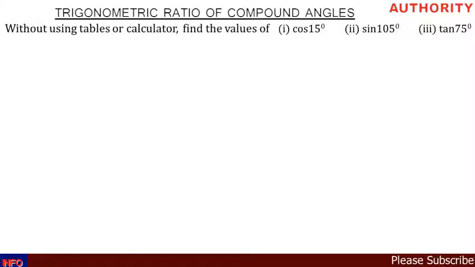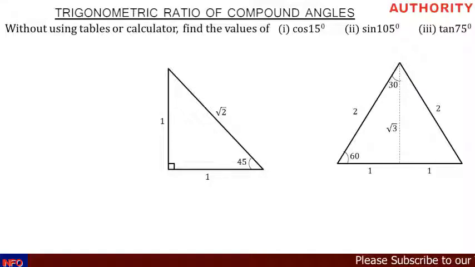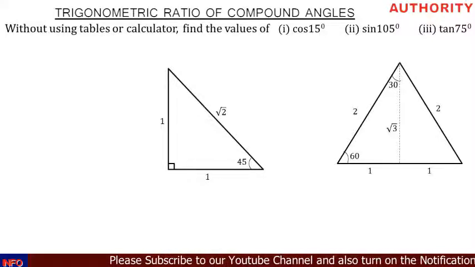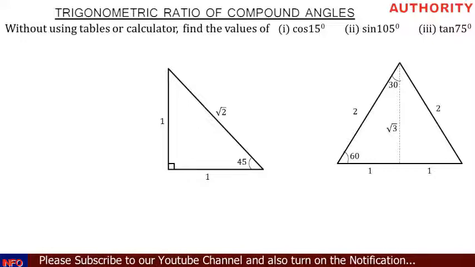I want you to draw on your rough book, two shapes: a right angle triangle and an equilateral triangle. In the right angle triangle, the two sides are 1, 1, and the hypotenuse is root 2, with one angle being 45 degrees.